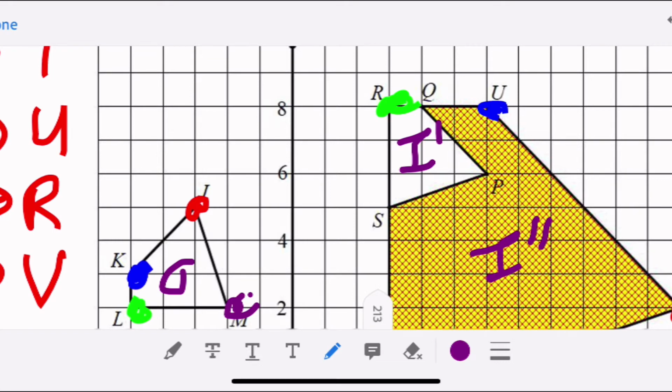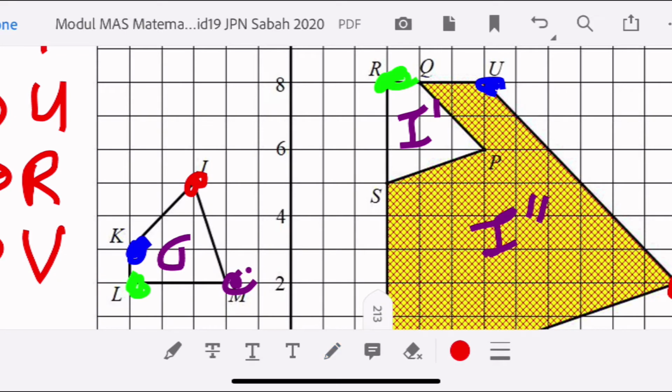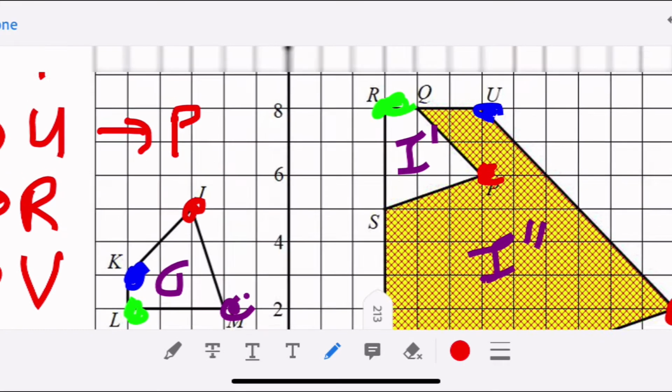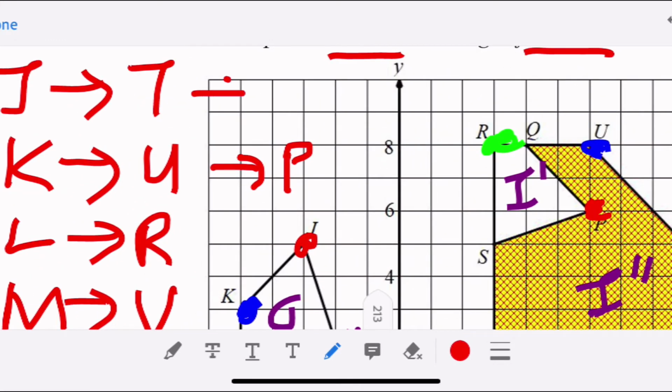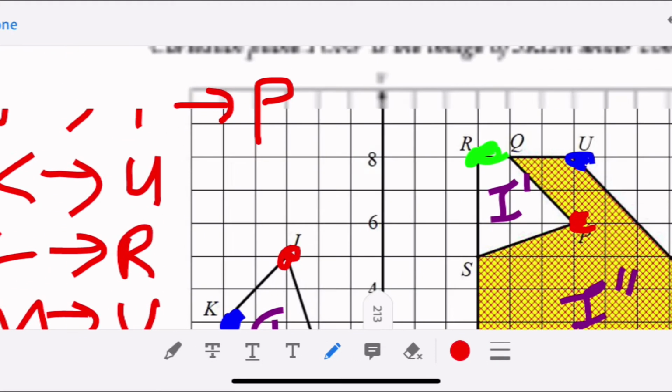From the object we do transformation X to reach the first image, and from the first image we go to the second image, which is Y. Now we want to find the transformation from object to first image. We think of either rotation, reflection or translation; enlargement is impossible from the object to the first image.